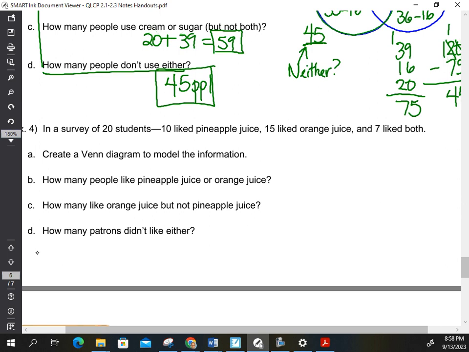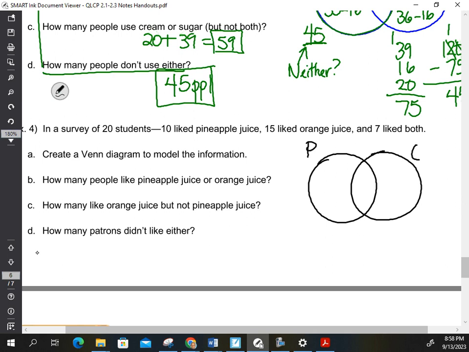So let's visually represent it. Two circles, one pineapple, one orange juice, and there's your both. Remember, the entire pineapple circle has to equal 10, no matter what.